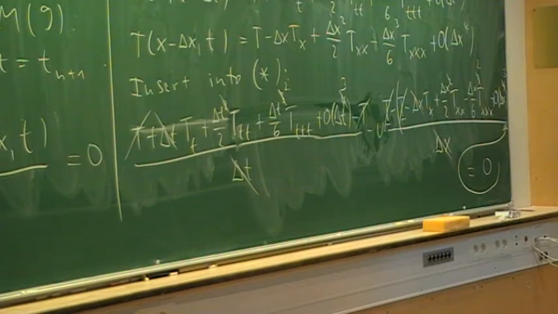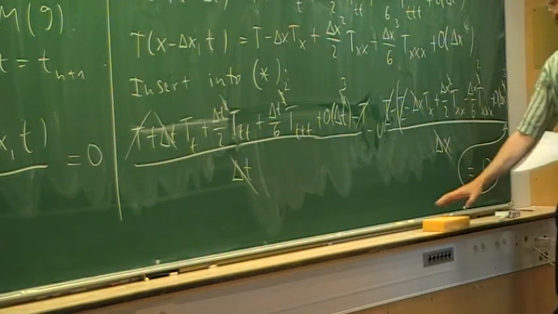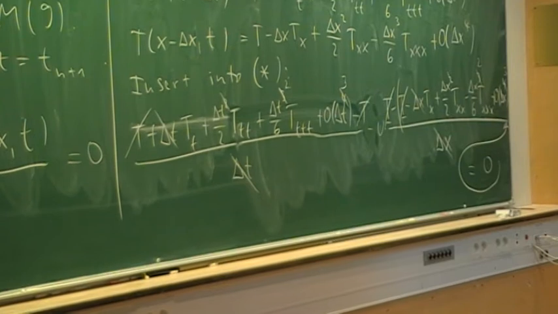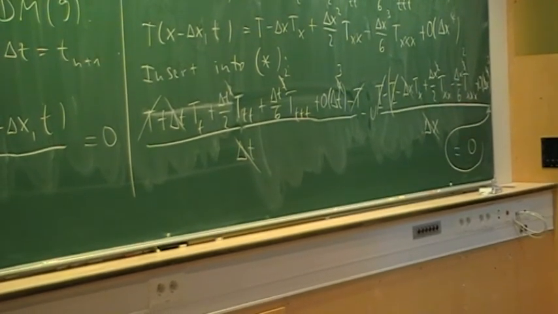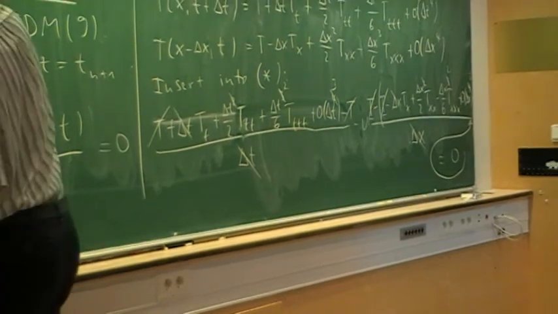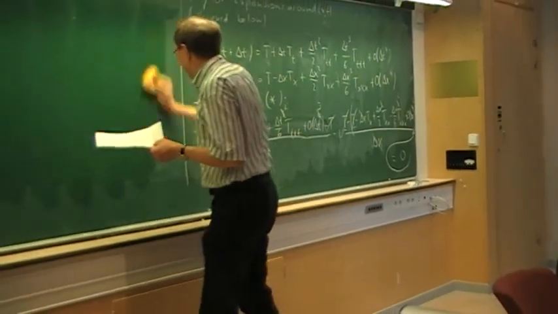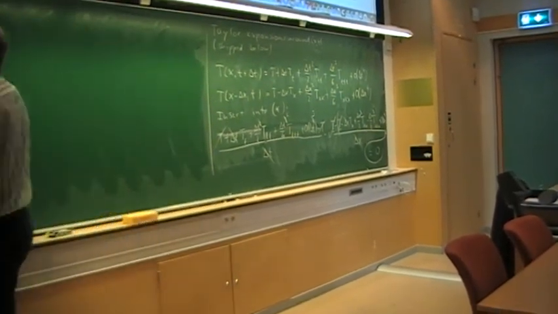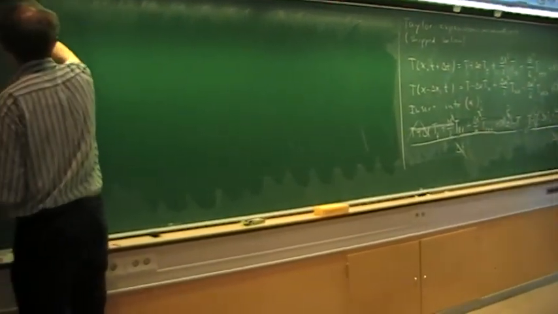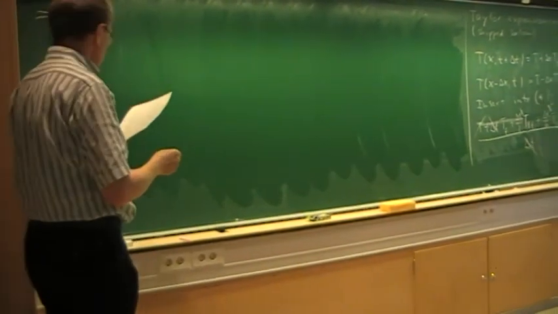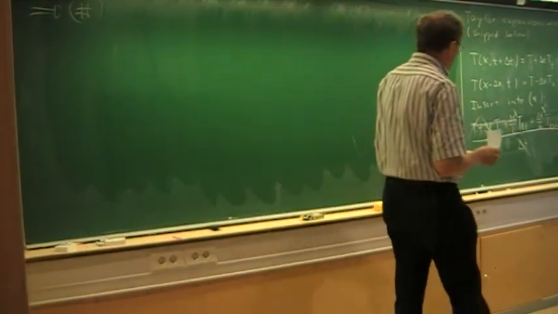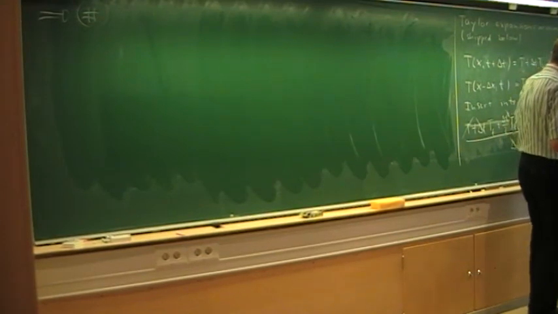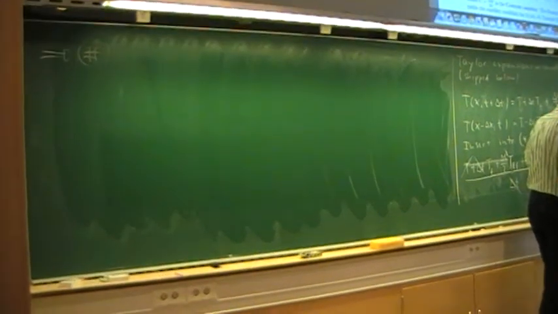So from this, all this, we get the following equation. I call it with the number symbol. What is left? Time derivative, delta t half tt, delta t squared divided by 6 third time derivative.